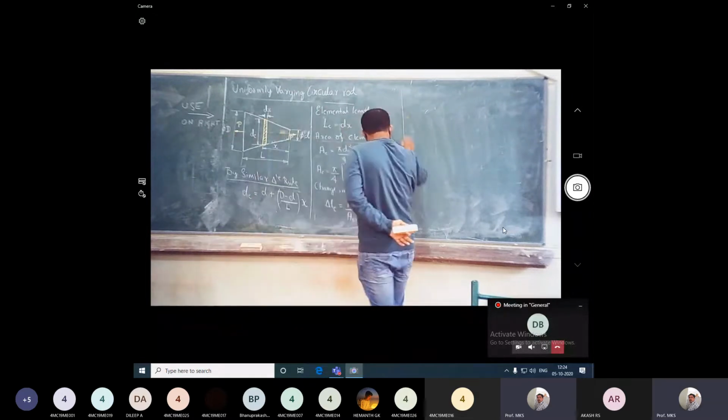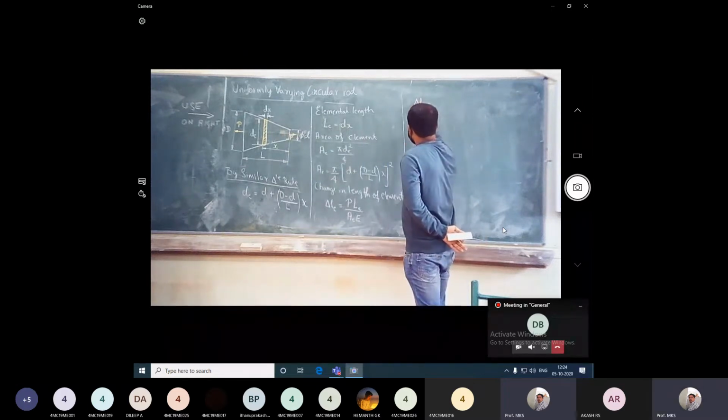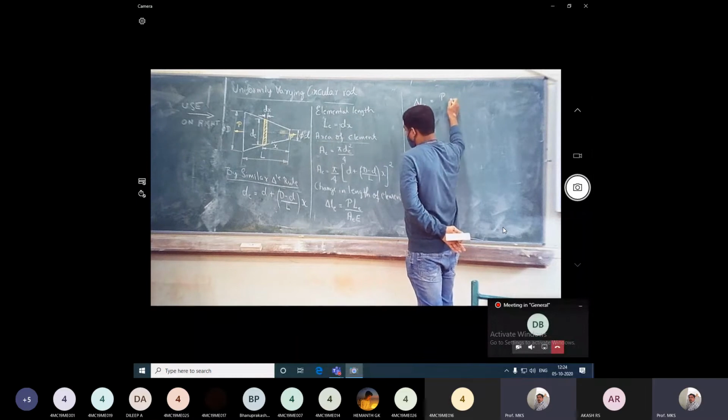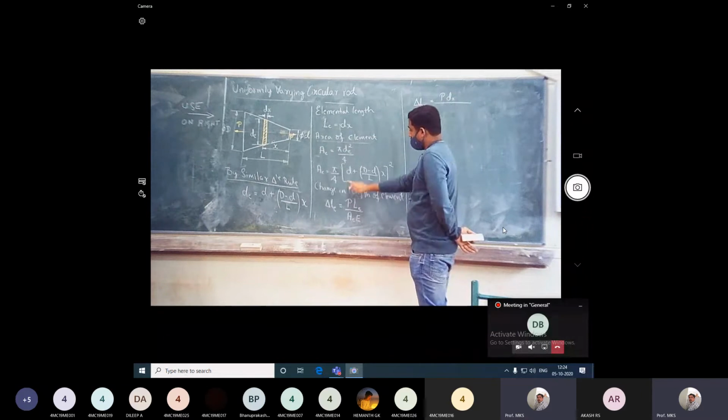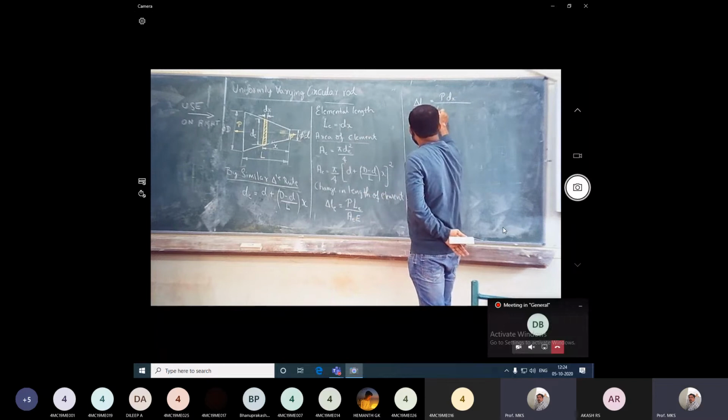So substitute those terms. Delta LE is equal to P, the load acting, into LE, which is dx, divided by AE into E. E is constant, so I'll take E outside.